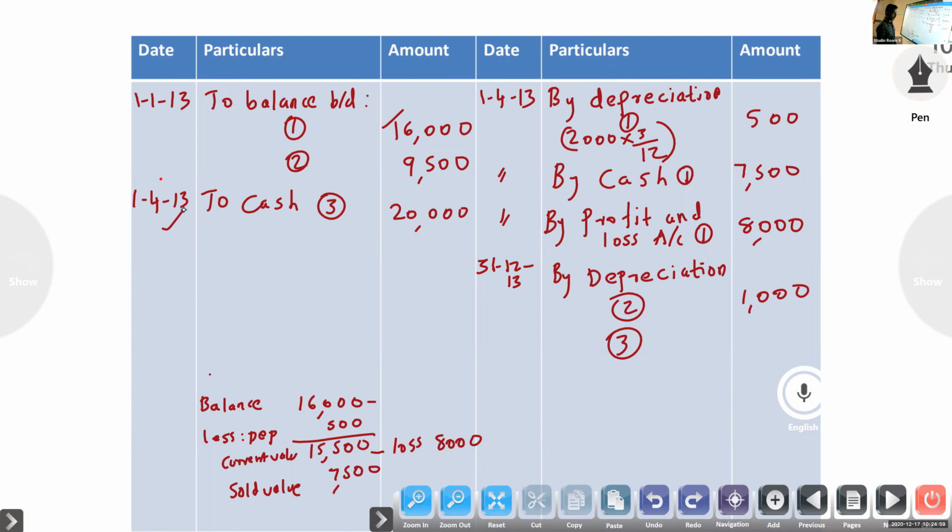So April to 31st December, how many months? So 20,000 into 10% into 9 by 12, 1,500.